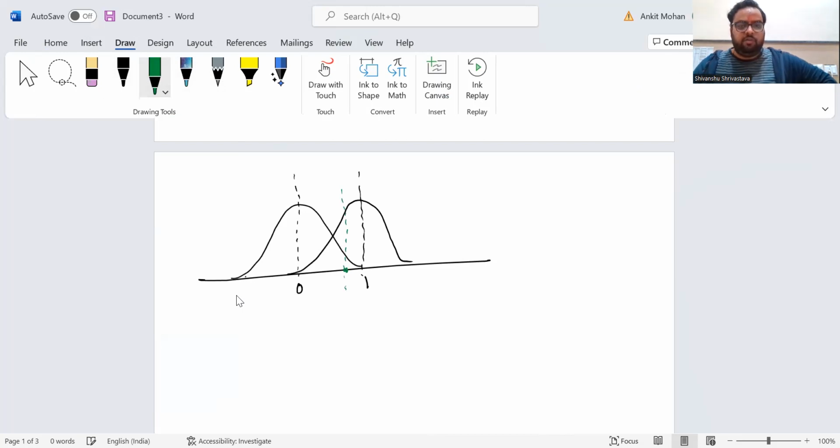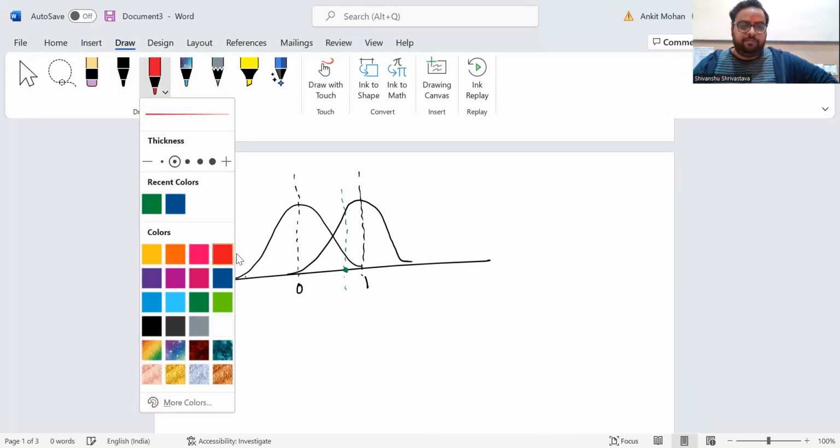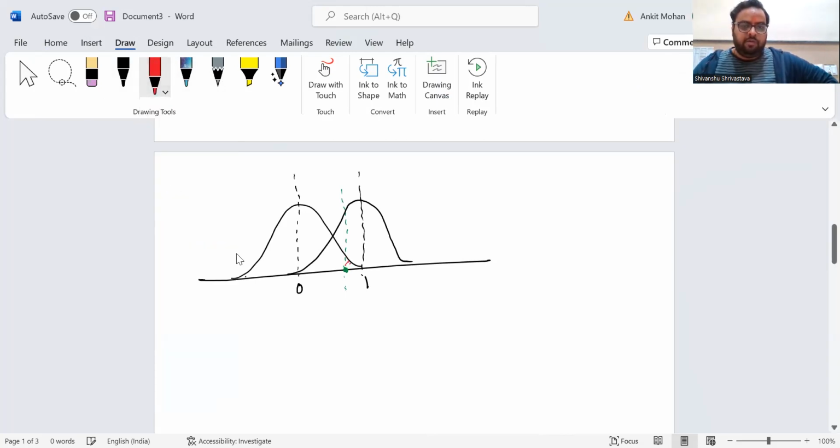Initially it was here at 1/2. Now I fix the threshold value here. So I can see that the type 1 error will be reduced to just this much region, whereas the type 2 error would be increasing. Okay, any value which we are having below this can have both the probabilities.